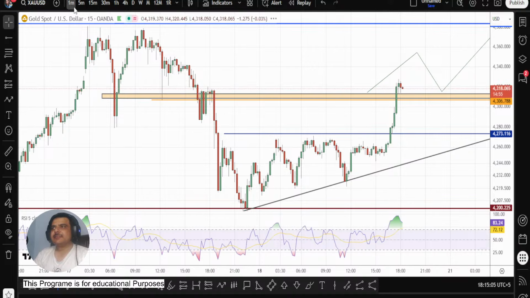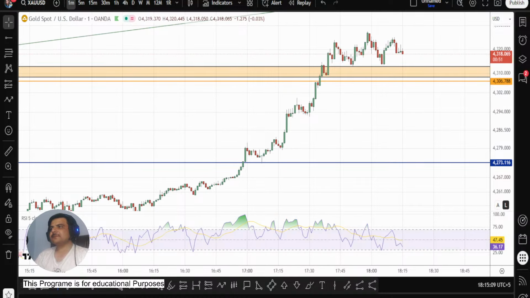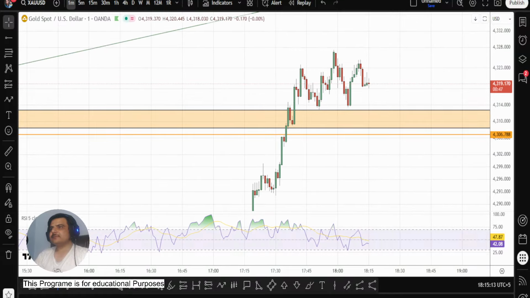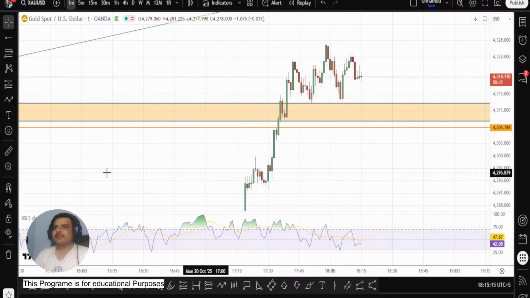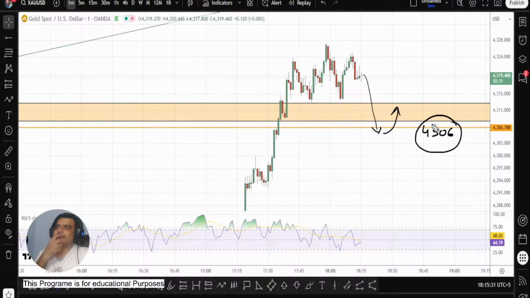Now let's see it on the 1 minute. It has slowed down, my friend. This structure we have to see now. Even on the 1 minute, if we see a break below this 4306, I will become a little bit cautious.